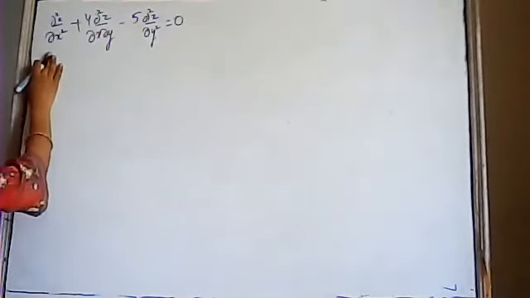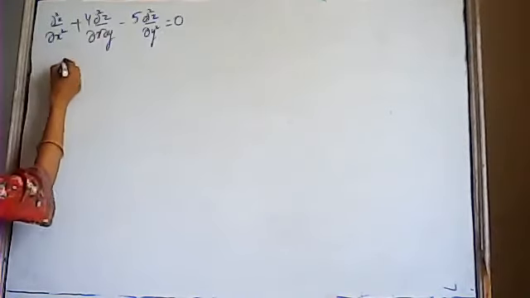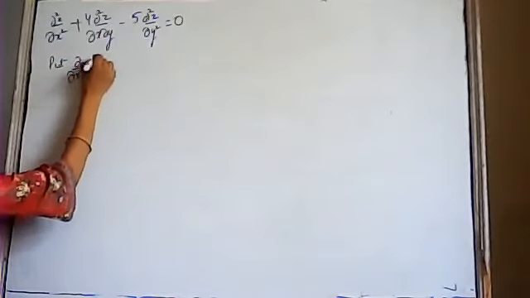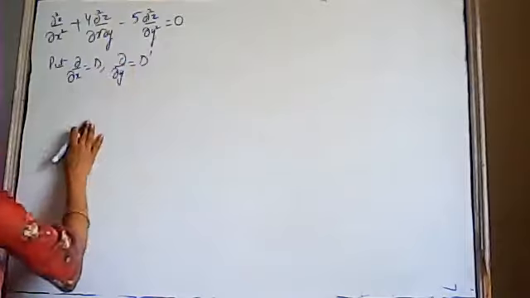First of all, we have to change this equation into symbolic form. For the symbolic form, put ∂/∂x equal to D and ∂/∂y equal to D dash.